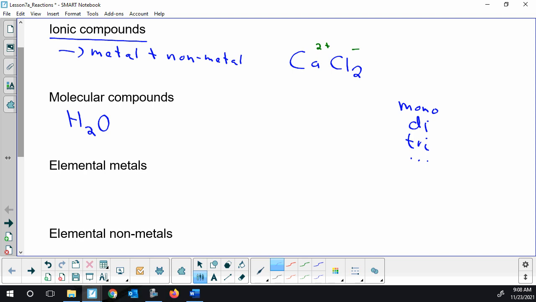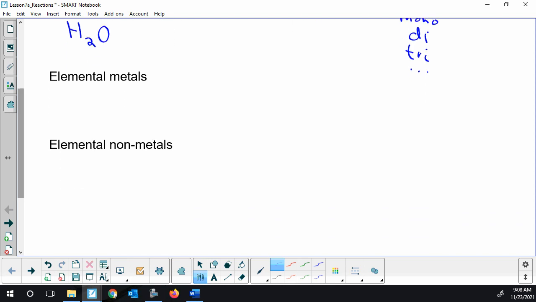Now, what I really want to highlight before we go through the 5 reaction types is elemental metals and elemental non-metals. If you have an elemental metal, elemental means you just have one type of element. So you might be told that you have copper. Or the question might say you have copper metal.